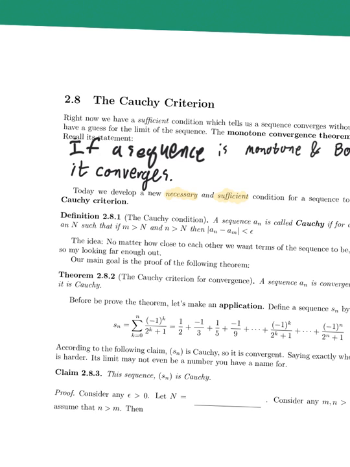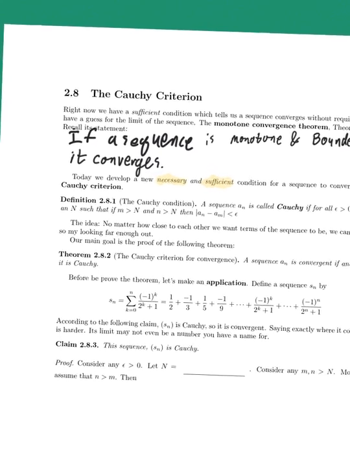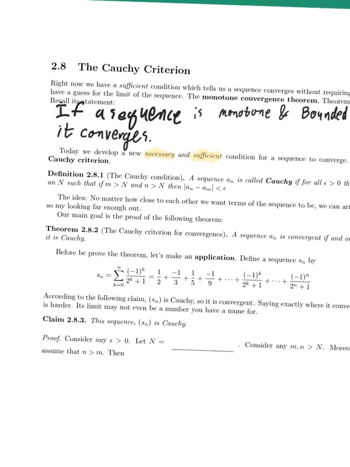This will give us a new condition which will be better in that it'll be necessary and sufficient. Just because you check a sequence and you find that it isn't monotone doesn't mean it doesn't converge. If you check a sequence and find that it is not Cauchy, then you know that the sequence does not converge.